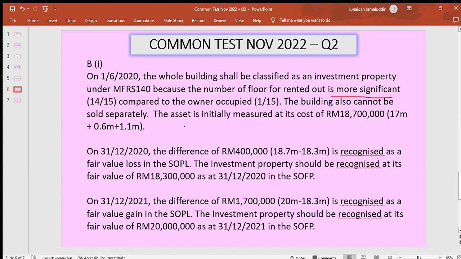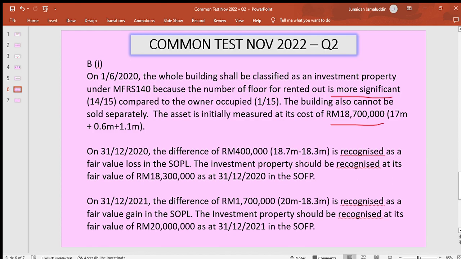And then you can also explain about the initial measurement of the building. So you can say the asset is initially measured at its cost of 18.7 million. You can also show the workings for the initial cost here. And on 31st December 2020, the difference of 400,000, you can show the workings in bracket, is recognized as a fair value loss in the SOPOL.